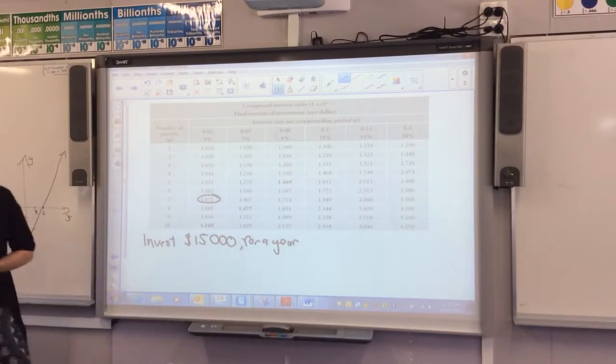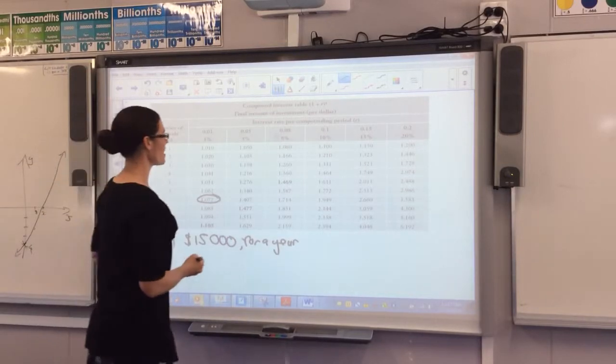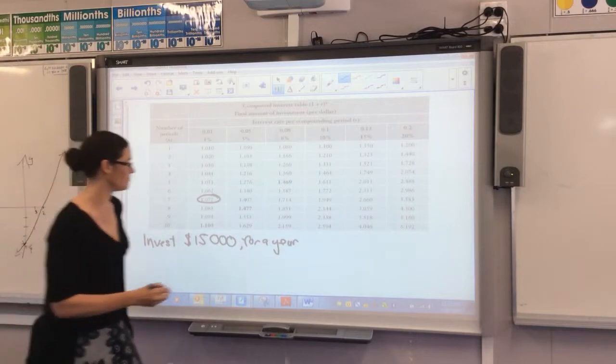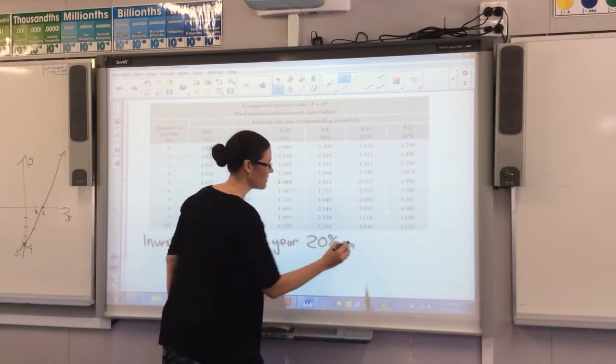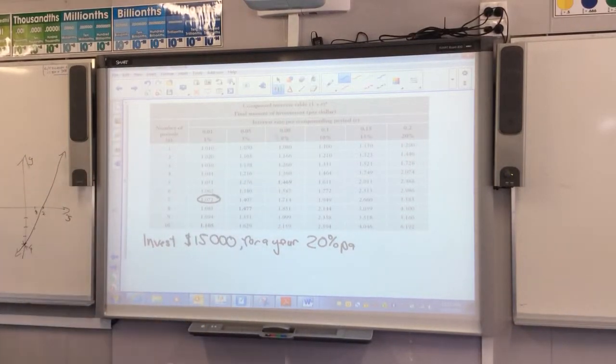The interest rate that I'm going to get is 20% per annum. That's a massive interest rate. Doesn't exist in the real world, but let's pretend it does. 20% per annum.